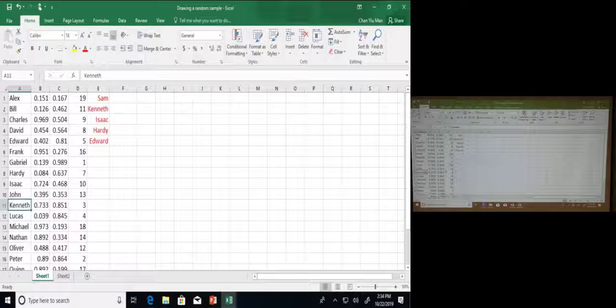So if 19 is the rank, then I select the subject with the number 19. So that's how I got it. All right, have fun. You can try it yourself. Take a population, and then try to select, let's say, 10 of them, for example.